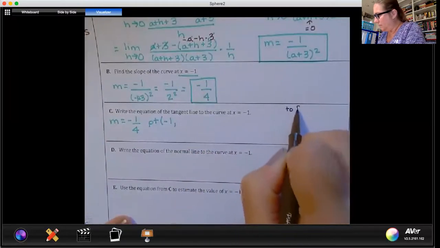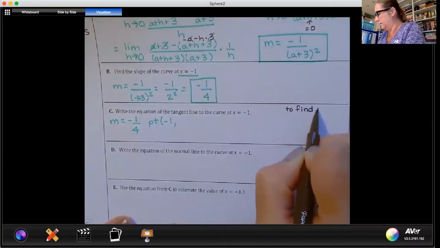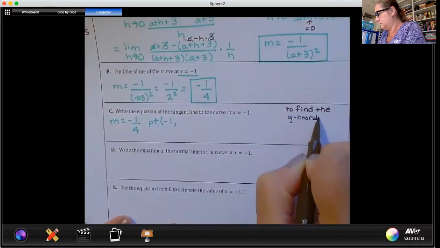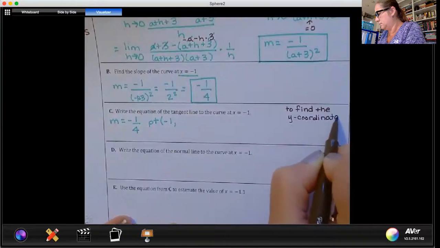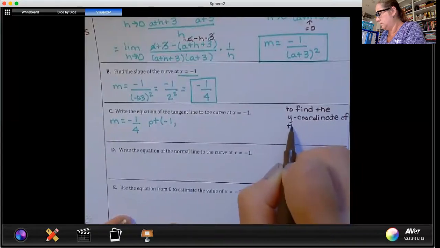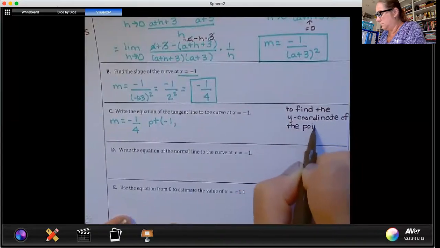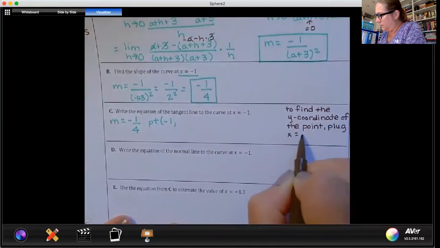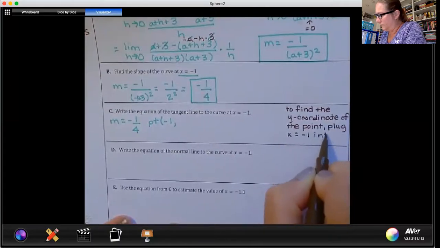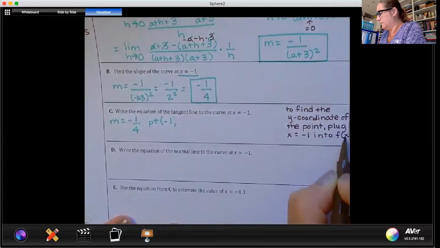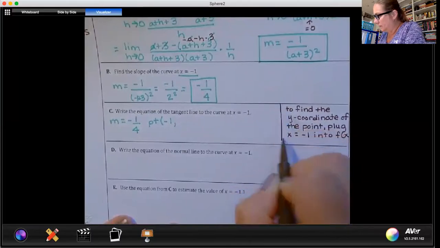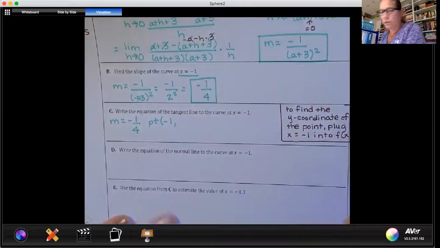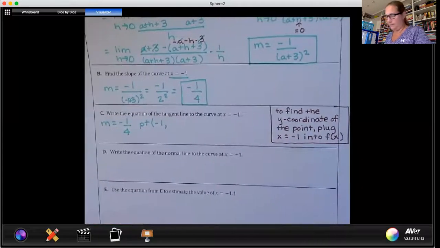So to find the y coordinate of the point, plug x equals -1 into f of x. Very important, something that you will need no matter which tangent line you are finding.